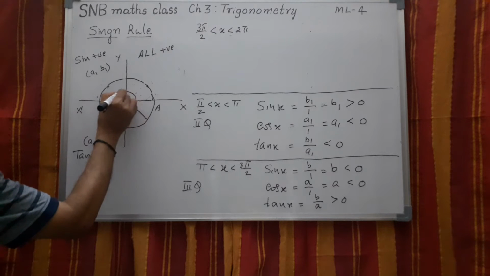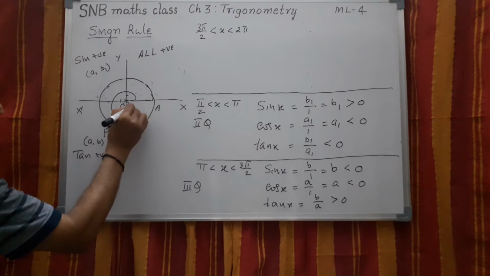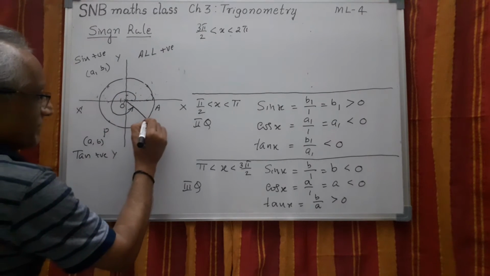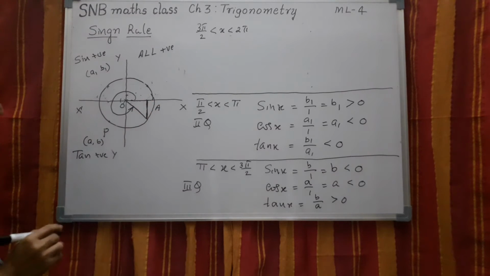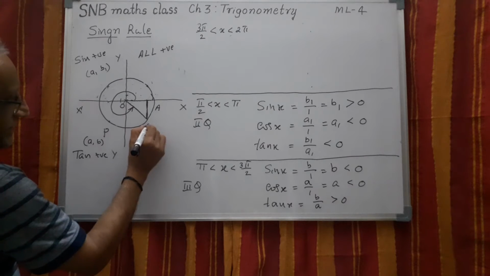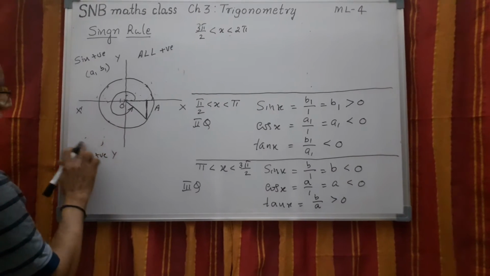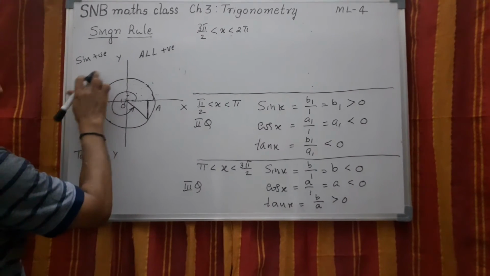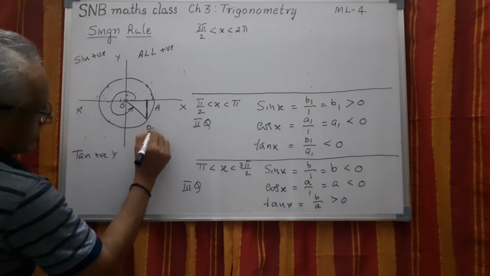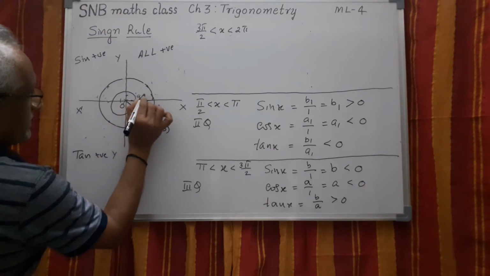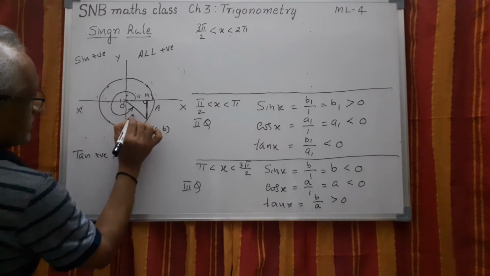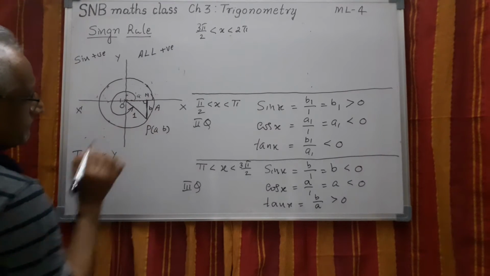Now, same procedure, draw the perpendicular here. This is opposite and this is adjacent. If you take this P, this is once again AB, this is A, this is M as before, this is 1, this is B.